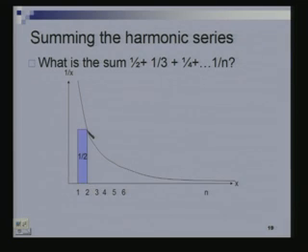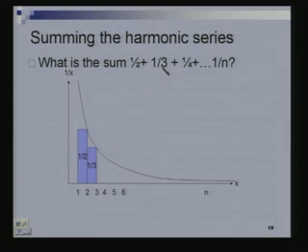What is the height of this rectangle? 1 by 2. What is the width of this rectangle? 1. So what is its area? 1 by 2, half. The next one will be 1 by 3, because I have drawn a line here at 3. So area 1 by 3.